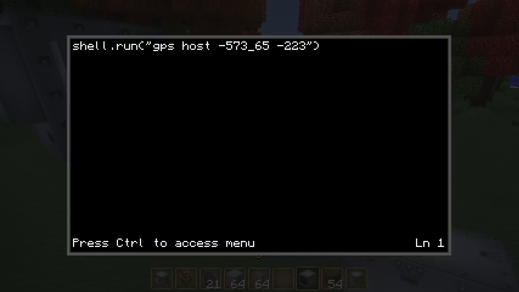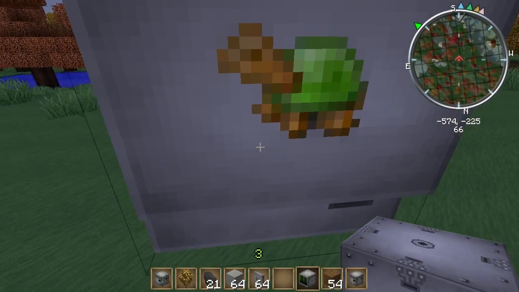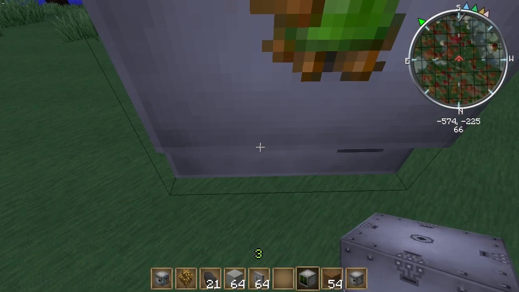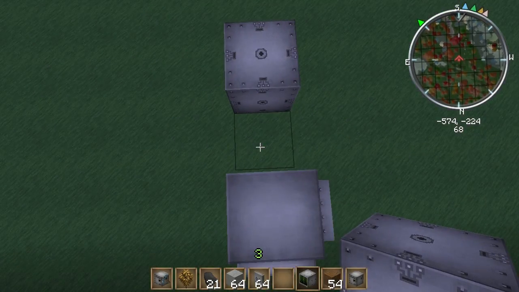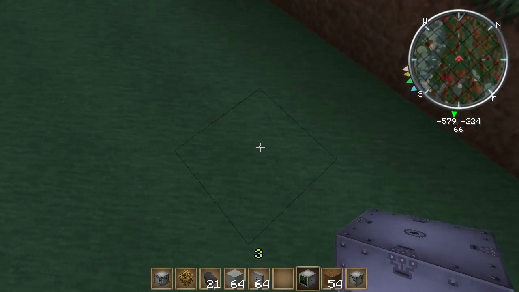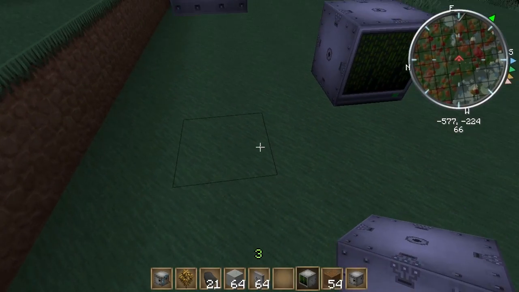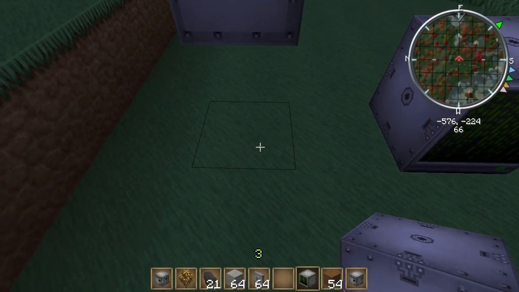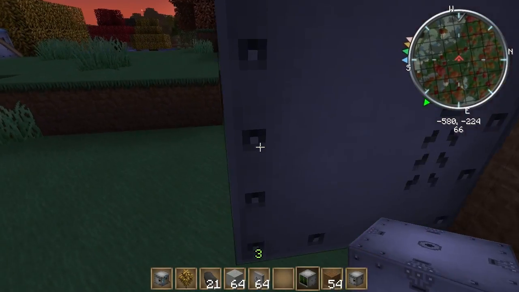So what is this going to be? It's going to be right up here. 574. That's 580. This one's 580. That's 579. That's 578. That's 576. That's 575. 574. 573. 572.